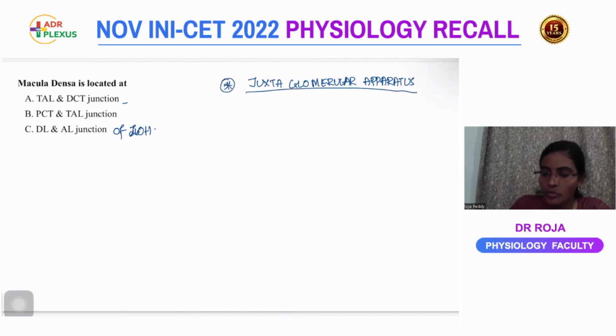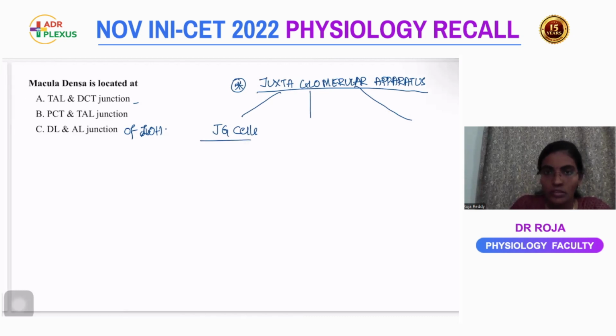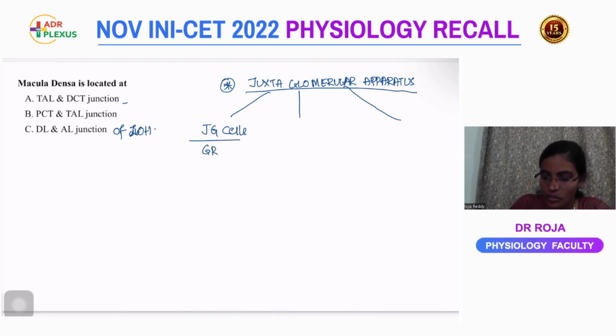The juxtaglomerular apparatus has three important subunits: one is the JG cells, or juxtaglomerular cells, or granular cells; the second is the macula densa cells; and then there are the mesangial or lacis cells.